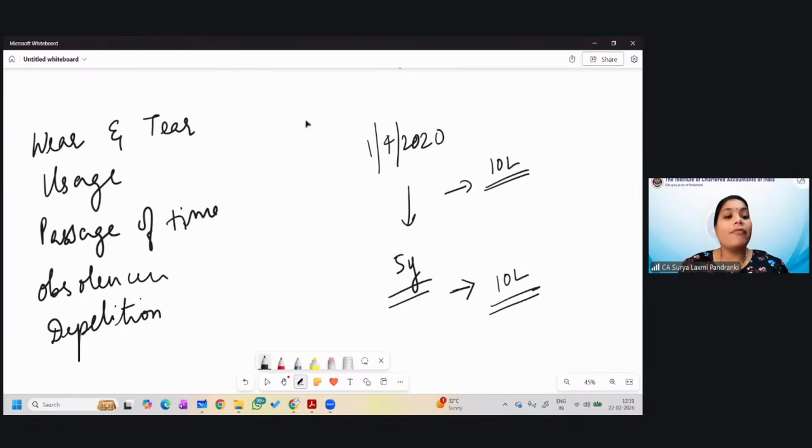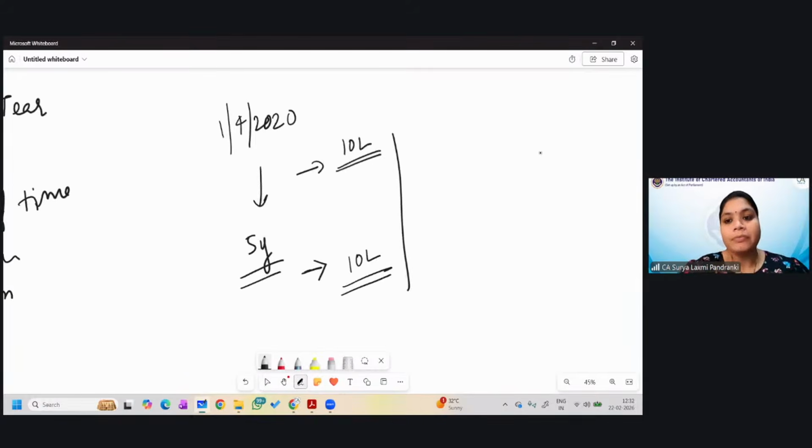That is why it is called wear and tear, because of the passage of time or usage of that particular asset, the value will come down. Yes, value is depreciated. So your value is coming down. Now, how will you show it in your books of accounts? You know that value has come down, but how will you show it? I have recorded it at a cost of 10 lakhs.